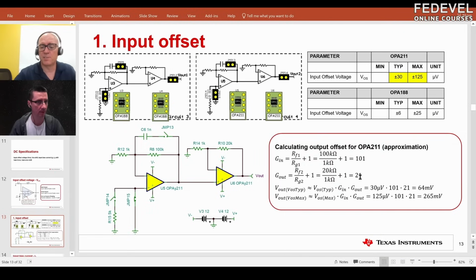So the output offset measured at the output pin would be the input offset multiplied by the gain in and the gain out. We have about 30 microvolts of offset typical for this op amp, and 125 microvolts maximum, and it's getting multiplied by the gain.